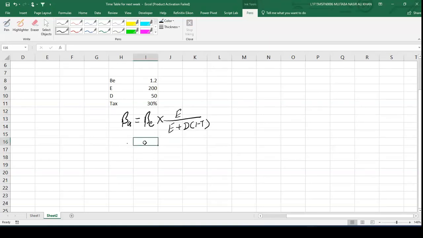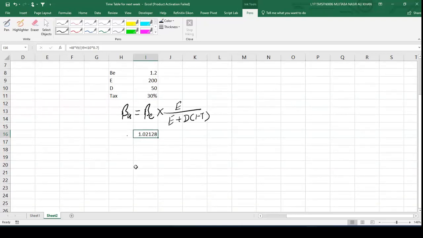Beta equity into market value of equity divided by market value of equity plus market value of debt into 1 minus t, that is 0.7. That is 1.02128. This is ungearing. If you are moving from beta equity to beta asset, this is ungearing.